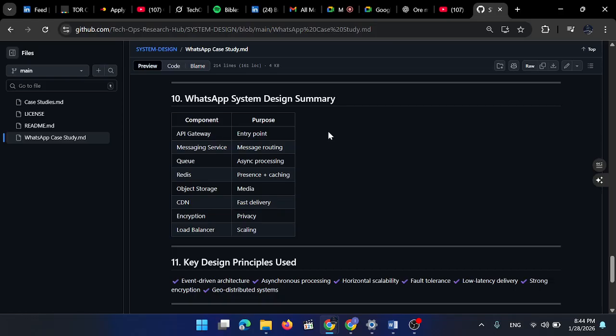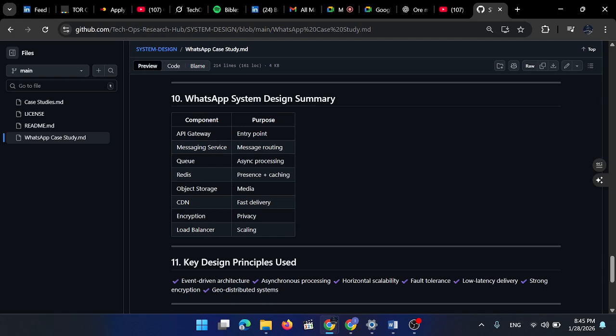Very interesting. Then we have what we call the messaging service. The purpose of a messaging service is to help you in message routing, right? Then we have what we call the queue. The purpose of the queue is to act as async processing, also very important. Then we have Redis. The main purpose of Redis is that it acts as presence plus caching.